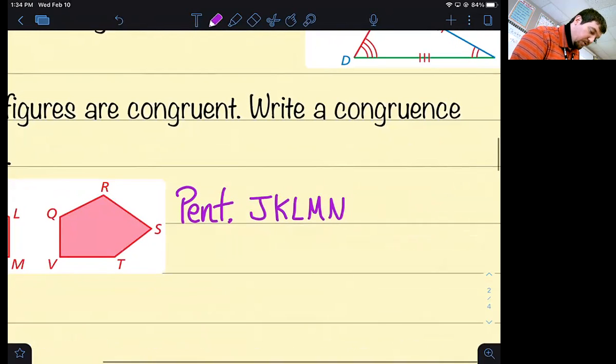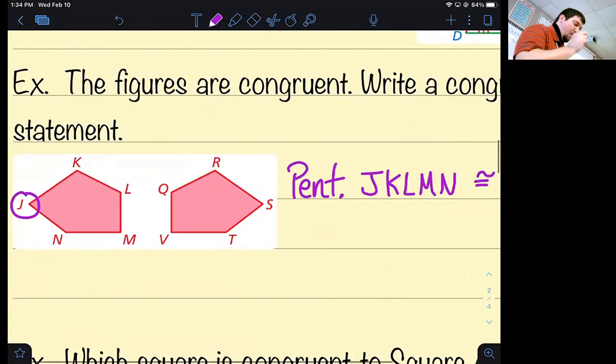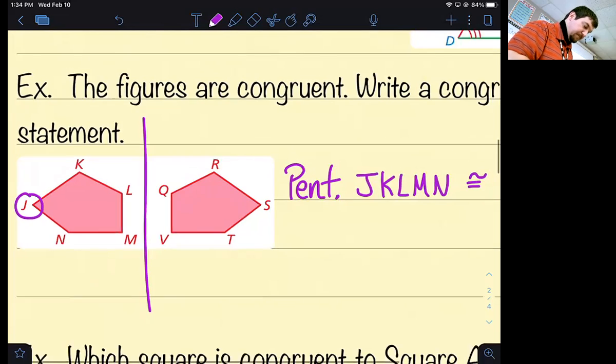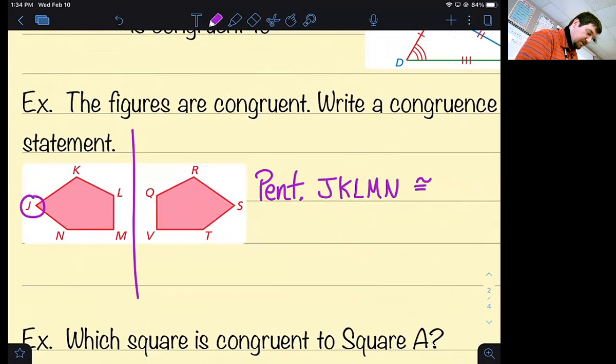Then we're going to say it's congruent to, but I want you to notice something. They've reflected this shape. So what do you think, Ashton? SRQVT. Yes. I would agree.